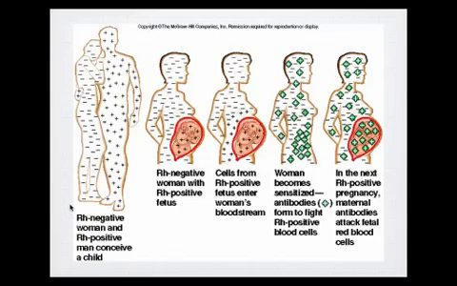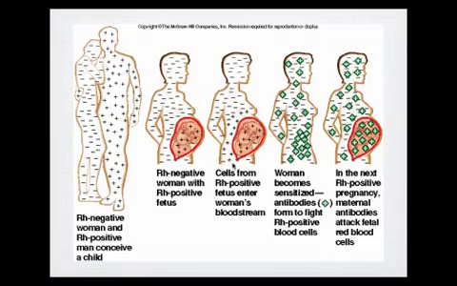So this is the scenario. We have an Rh negative mother, so her blood cells do not carry the Rh antigen, whereas her partner has the Rh antigen. It only takes one partner for the baby to be positive, so the baby that she carries is positive. So here's an Rh negative mother carrying an Rh positive fetus, and that's not a problem.